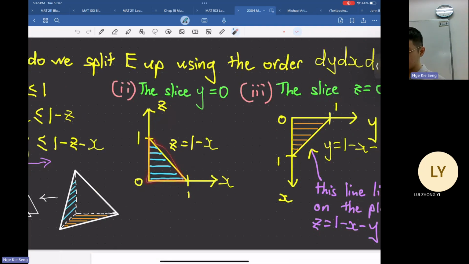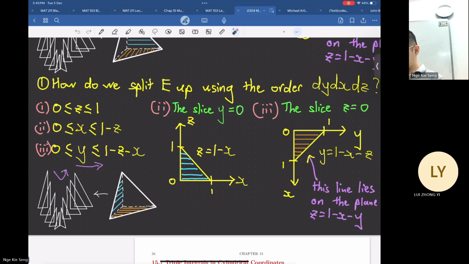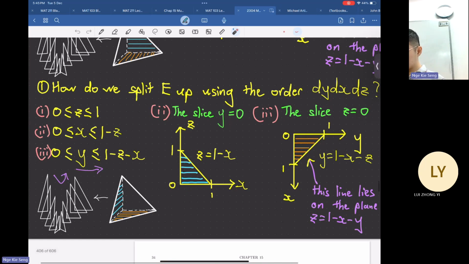Then you need to determine what this is bounded above by. So this is part of the plane again. But at this line here, y equals 0. So this plane here is described by z equals 1 minus x minus 0, which is 1 minus x. Okay, no?